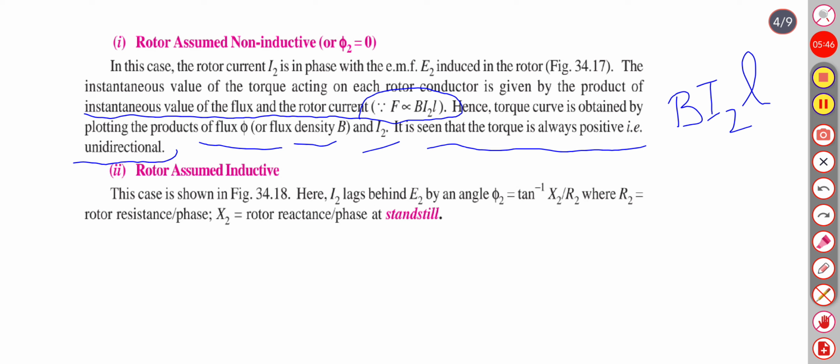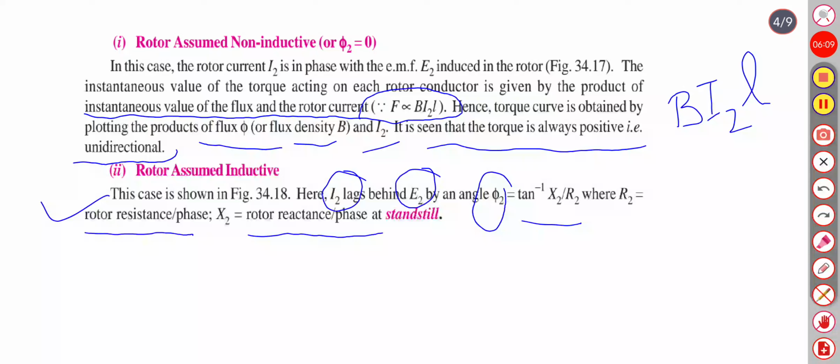Now let's assume that the rotor is inductive. In that case, the current I2 flowing through the rotor will lag behind the EMF E2 by an angle phi 2, which will be tan inverse of X2 by R2. R2 is the rotor resistance per phase, and X2 is the rotor reactance per phase at standstill.